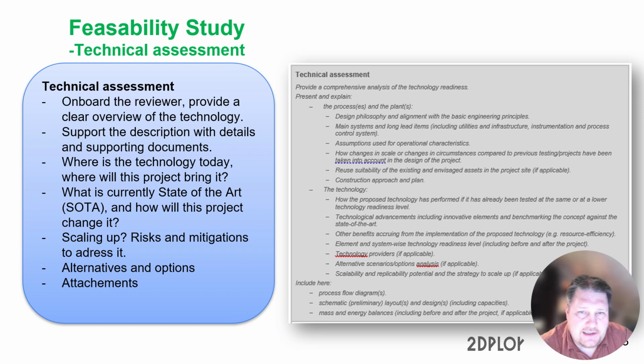To really describe and give confidence in your technology, if you have engineering documents, design philosophy documents, basis of design, process flow diagrams, some calculations of capacities, layout, plot plans for the plant.